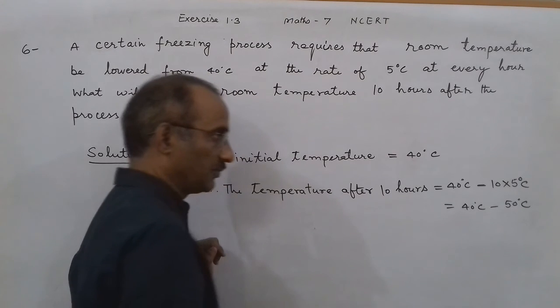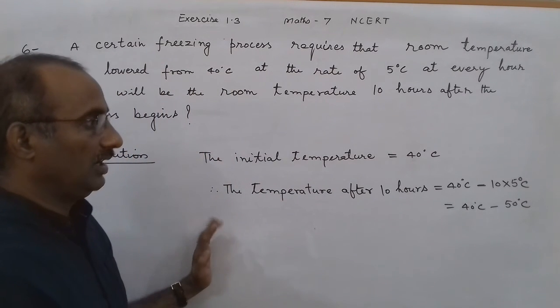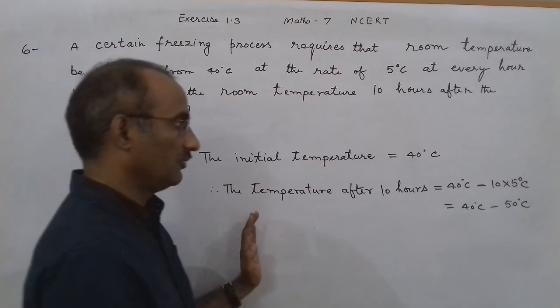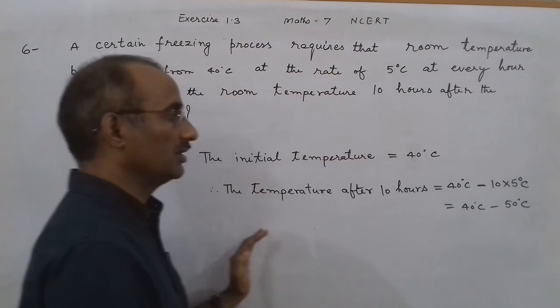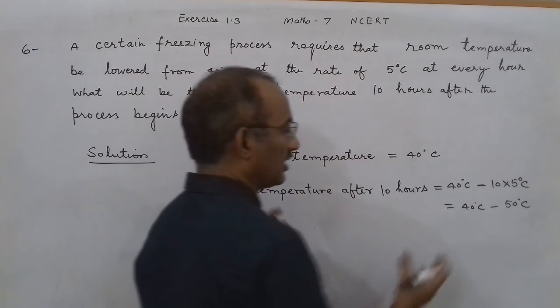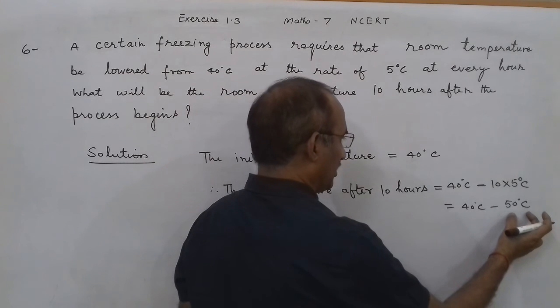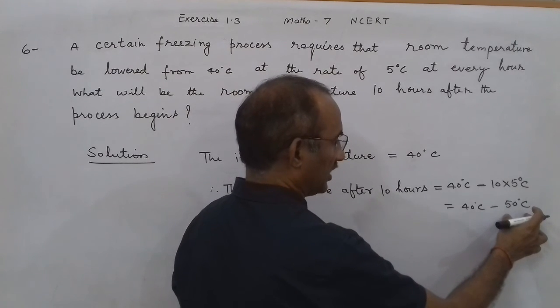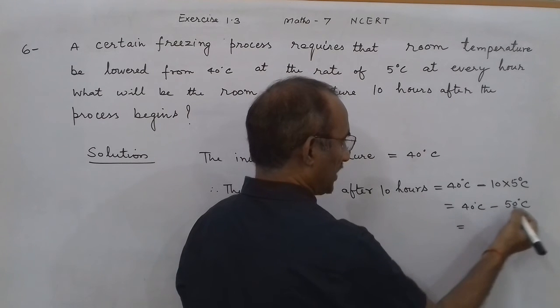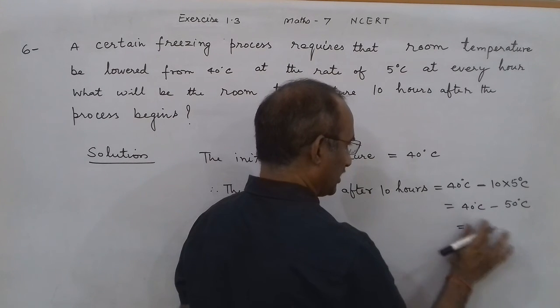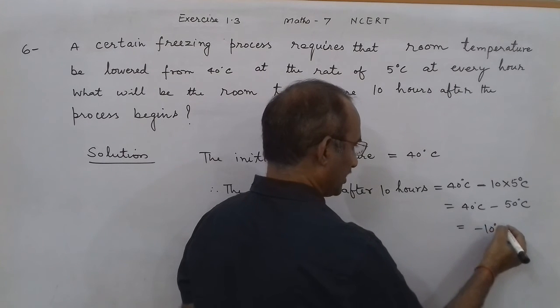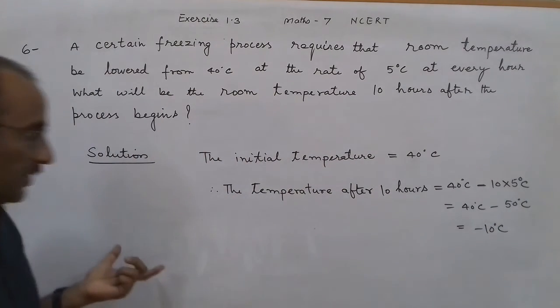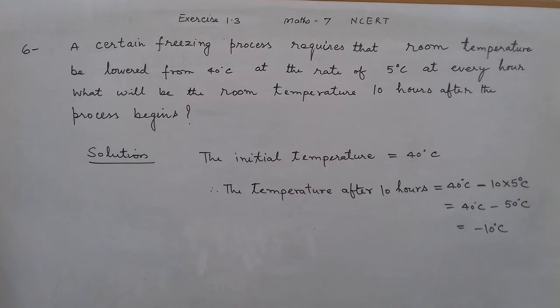The initial temperature is 40 degrees Celsius, so the total we have to subtract will be 10 into 5 degrees Celsius. On subtracting 50 from 40 we get minus 10 degrees Celsius. So the temperature after 10 hours will be minus 10 degrees Celsius. Now let's see question number 7.